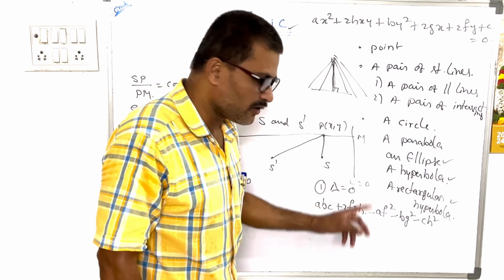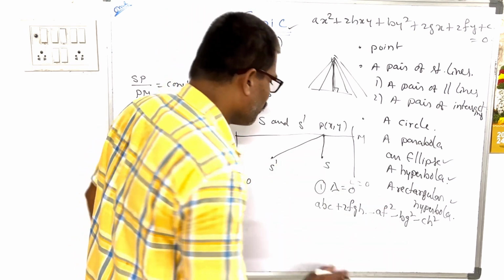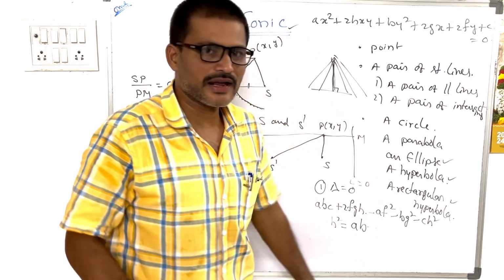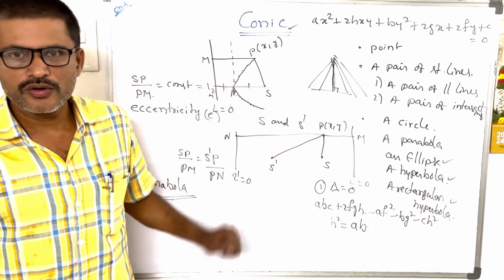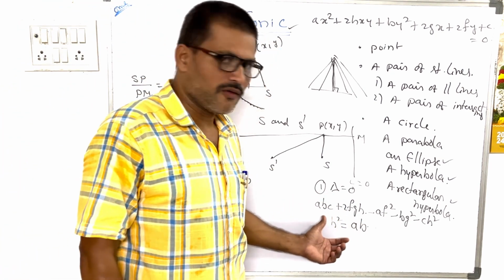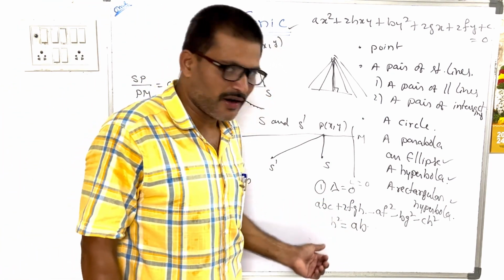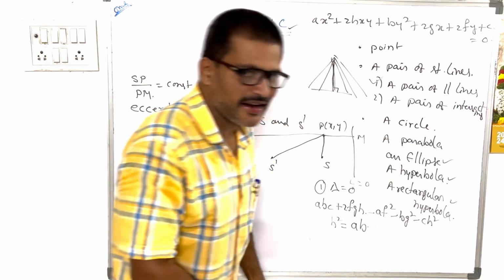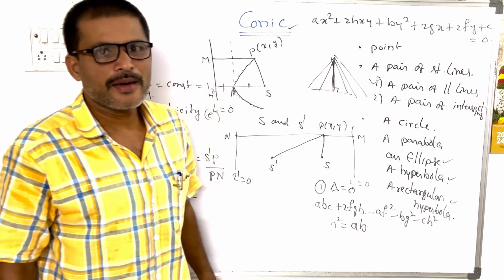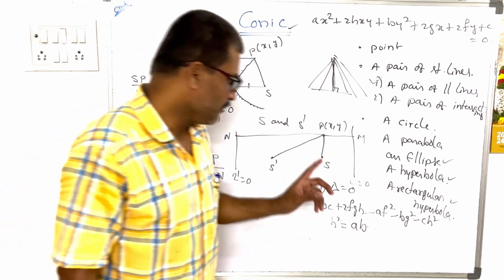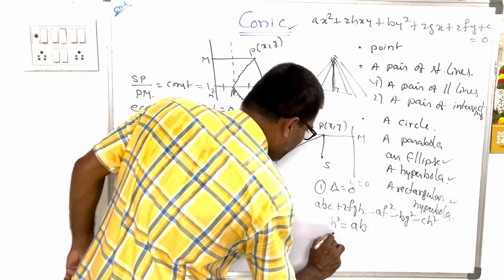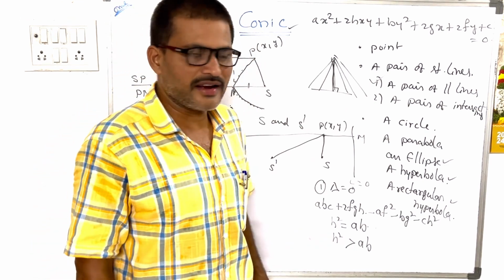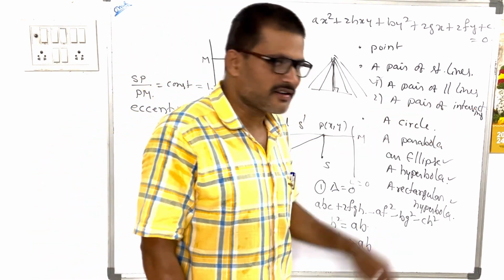Now here delta equal to 0 and also h square equal to ab. This type of condition, satisfied by any conic, represents a pair of parallel lines. Similarly, h square greater than ab gives a pair of intersecting lines.